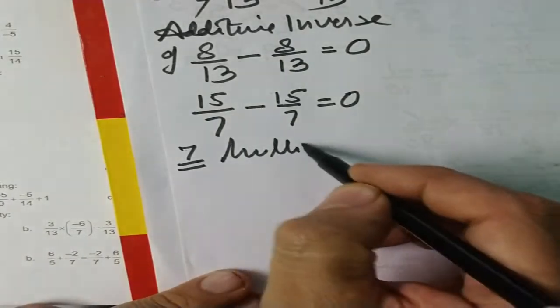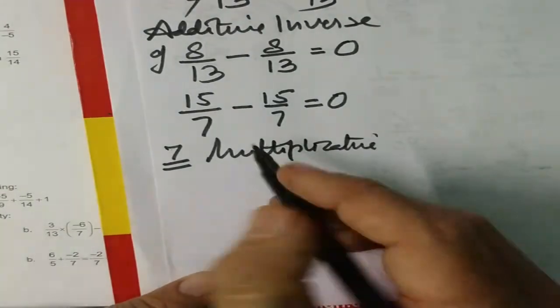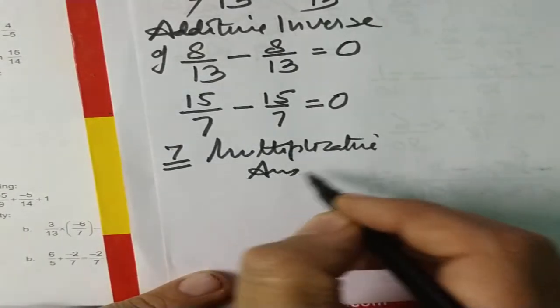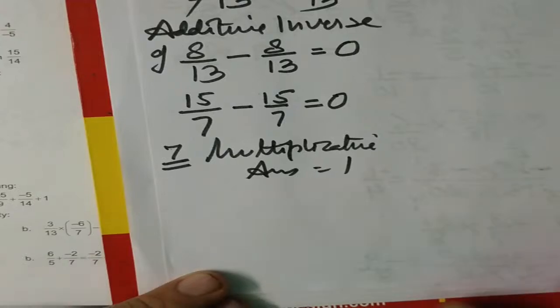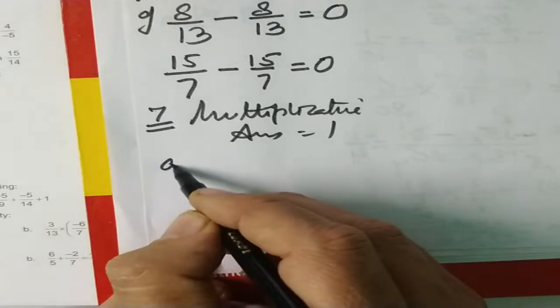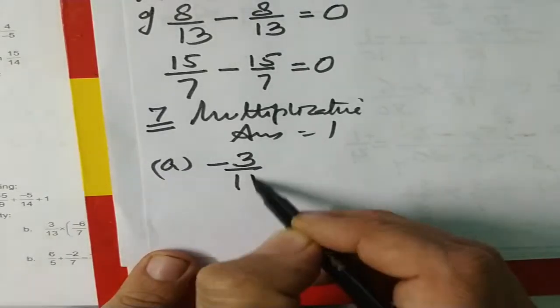Next, in the 7th question, they want multiplicative inverse. So what is the multiplicative inverse? Multiplicative inverse means you want the answer to be 1. You will understand in 1 minute. If you write A part, it is written minus 3 upon 11.